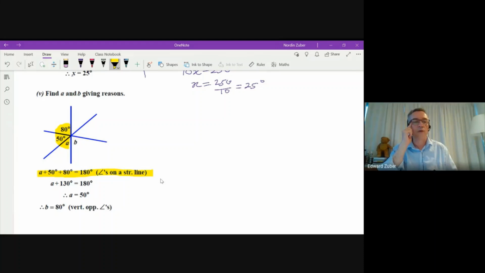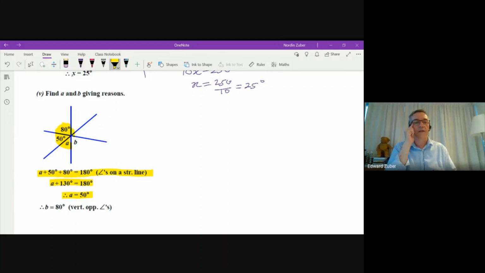Notice the format. We write an expression in algebra often, and we say why, angles on a straight line. And then we have to do a little bit of work. Now, depending on how good your algebra is, you may or may not be able to do that, but I think you can work it out. And then this is a 2-step one. So now that we've worked out that's 50.